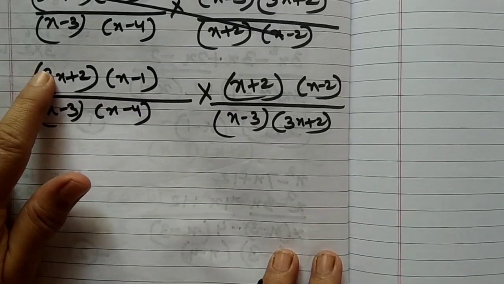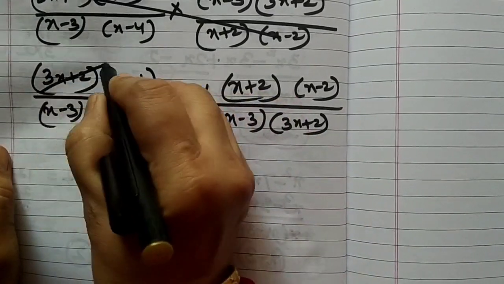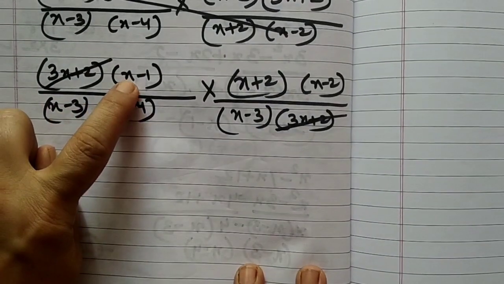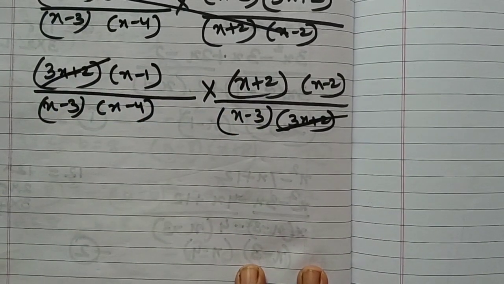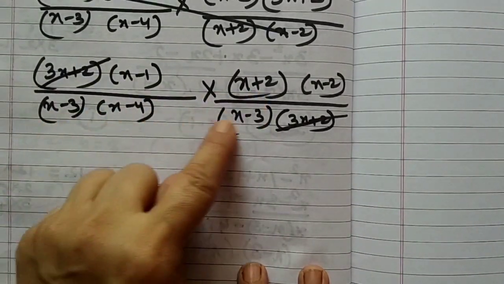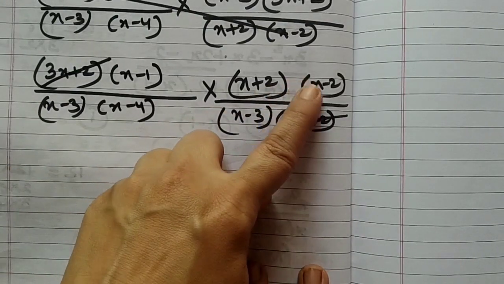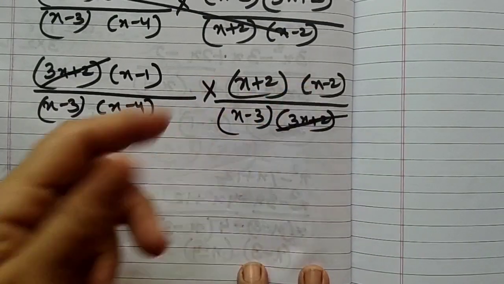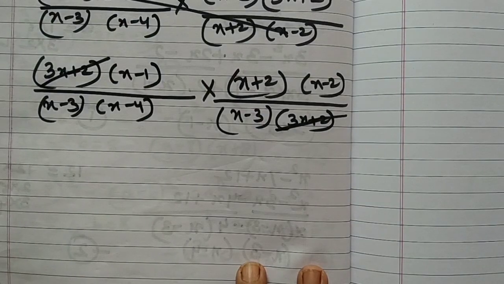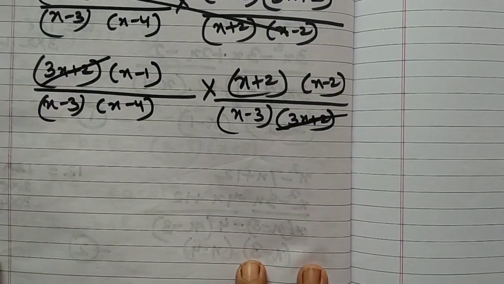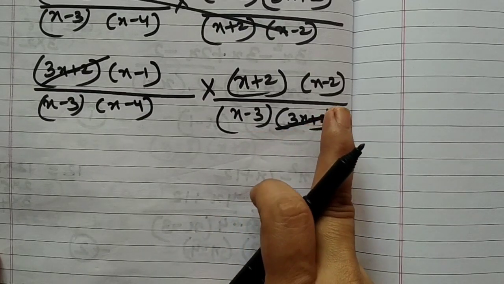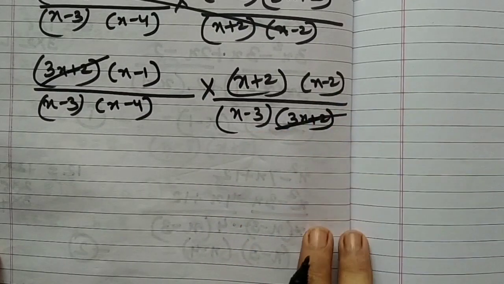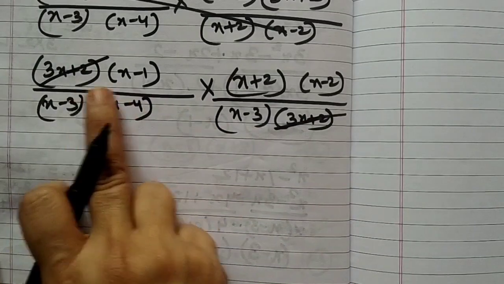So this 3x plus 2 we can cancel with this 3x plus 2. x minus 1, we don't have x minus 1 down. Then x plus 2, we don't have. We have an x minus 2, we don't have an x minus 2 also. Only one common thing we have, x minus 3. Only this was common.